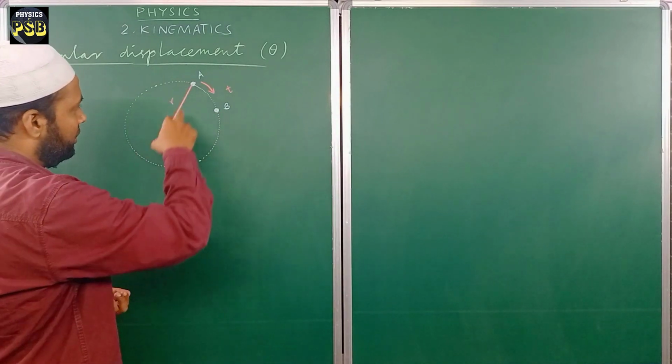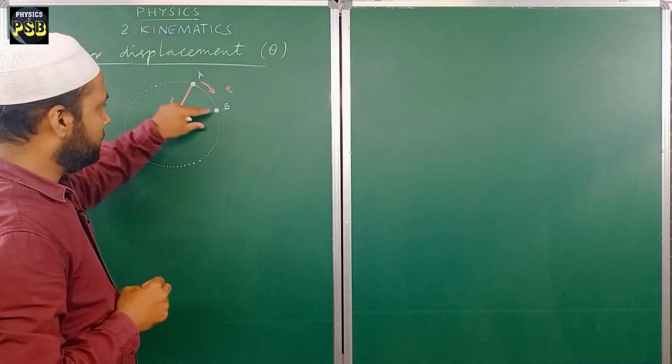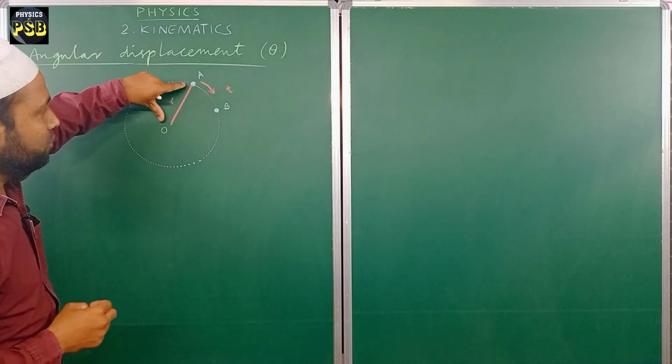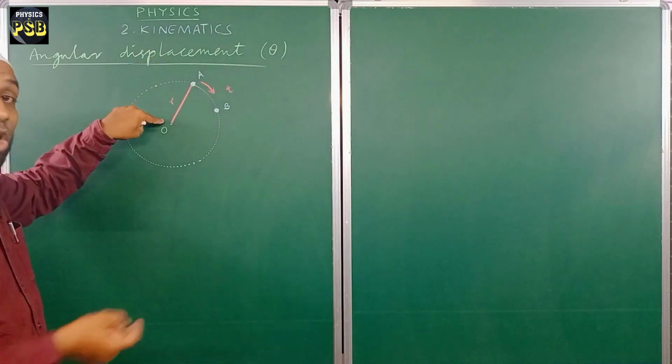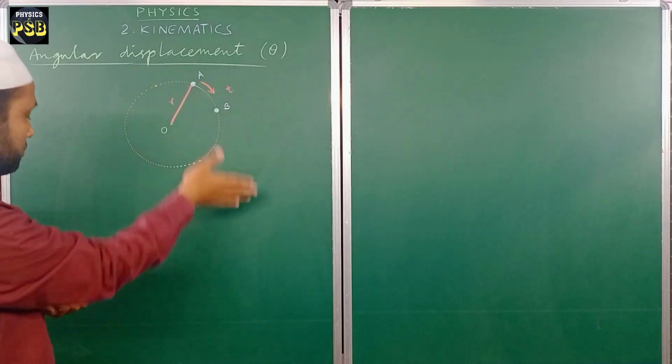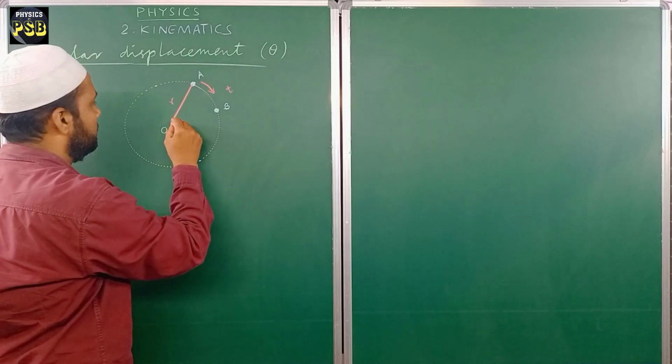So along with the object, this line which connects the object to the center of the circle also moves. Am I right? See?